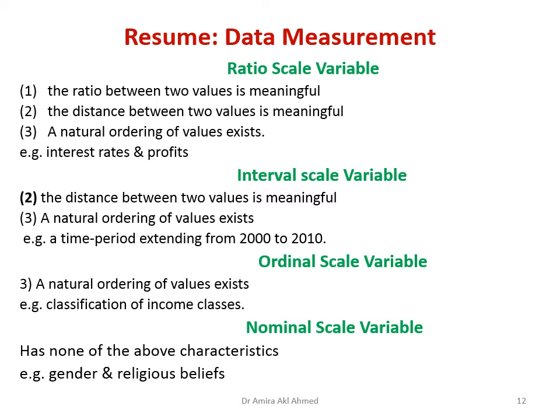An ordinal scale variable satisfies the third feature of the ratio scale variable, that is to say, the natural ordering of its values. An example of an ordinal scale variable is the classification of income into upper, middle, and lower income classes. Finally, a nominal scale variable has none of these characteristics. Examples include gender and religious beliefs.